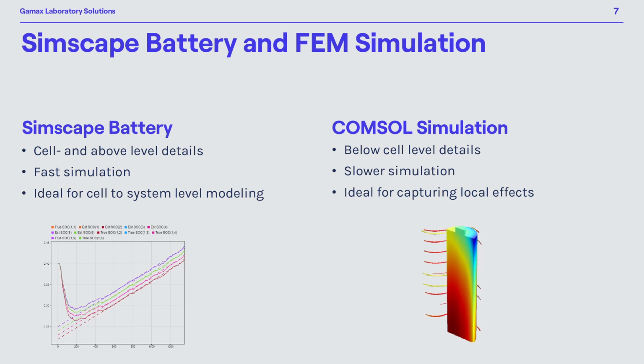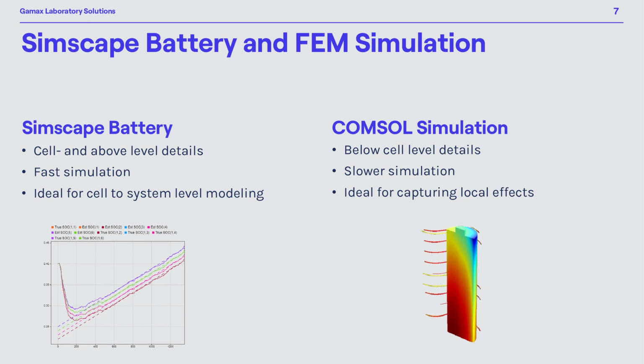because we get questions frequently on Simscape Battery and finite element method simulation. So I would like to highlight the main differences between Simscape Battery and a finite element method simulation like COMSOL, for example. With Simscape Battery, you can go to cell level and above, where you can include control system design, and you can get information about your cell and your system.